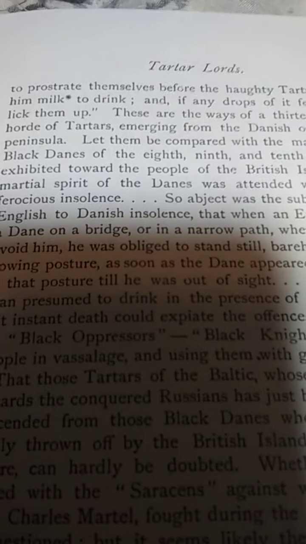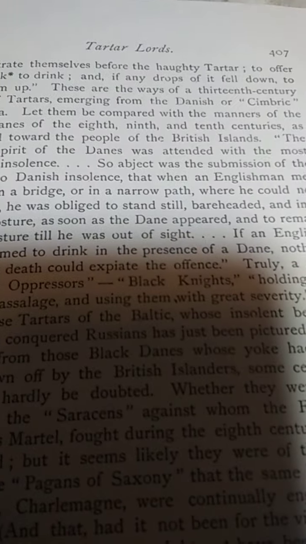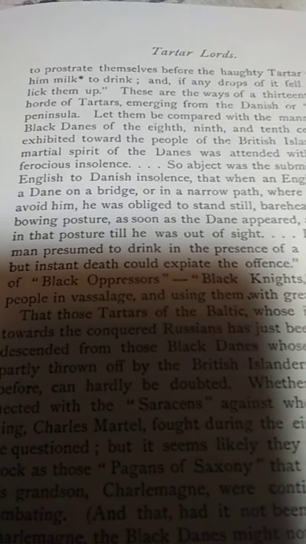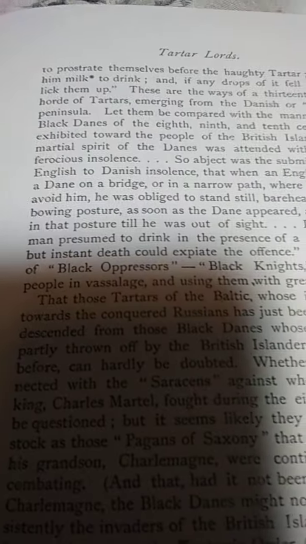Let them be compared with the manners of the Black Danes of the 8th, 9th, and 10th century, as exhibited towards the people of the British Islands. The martial spirit of the Danes was attended with the most ferocious insolence.